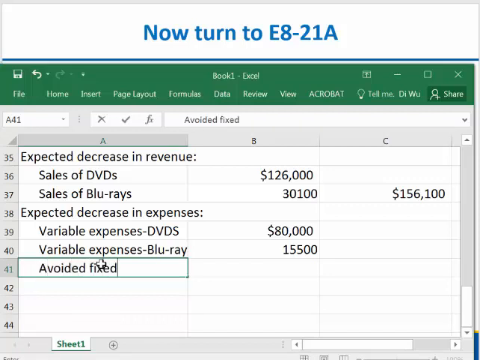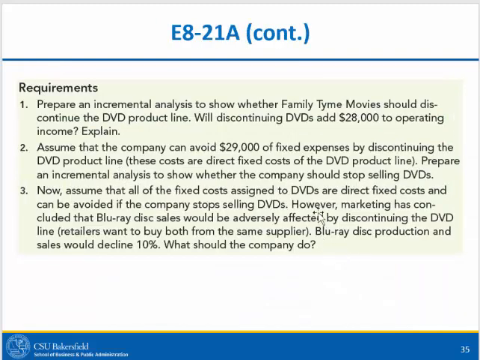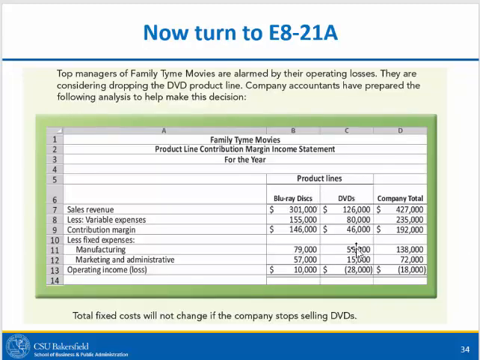And in the meantime, you have some avoided fixed expenses. That number is pretty clear. It says all the fixed costs assigned to DVDs can be avoided, which means I'm going to avoid the 59,000 and the 15,000.